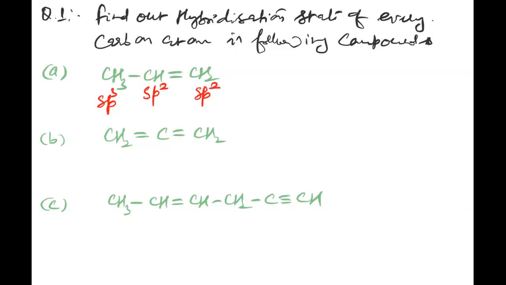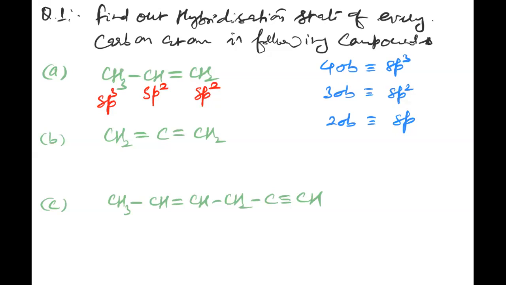I am repeating again, if it is 4 sigma bonds, it is going to be sp3. If we have 3 sigma bonds, it is sp2. If we have 2 sigma bonds, it is sp. This excludes the lone pair of electrons, otherwise you can count the lone pairs also. But in all these compounds there is no lone pair of electrons on any of the carbon atoms.